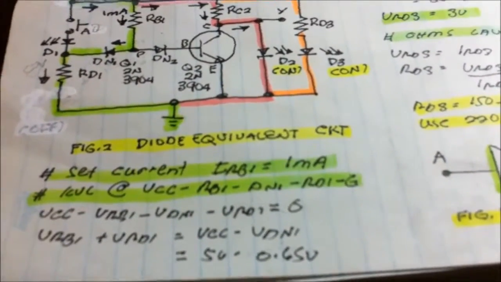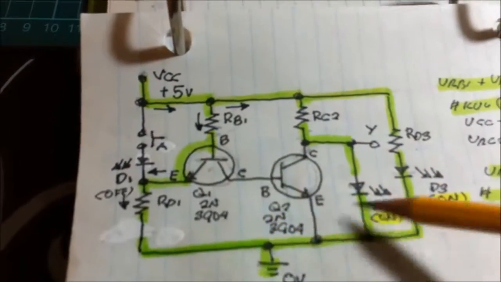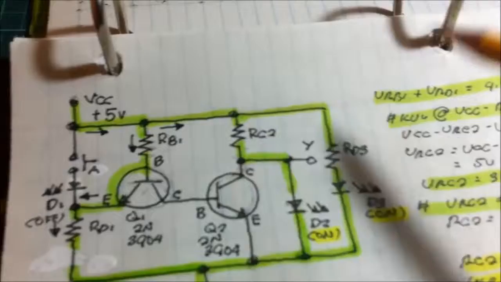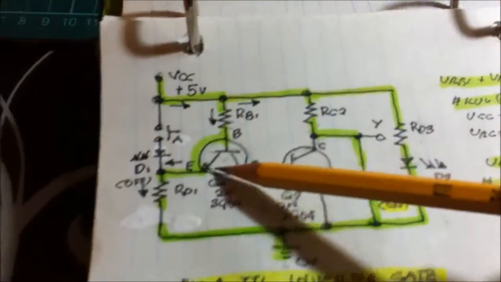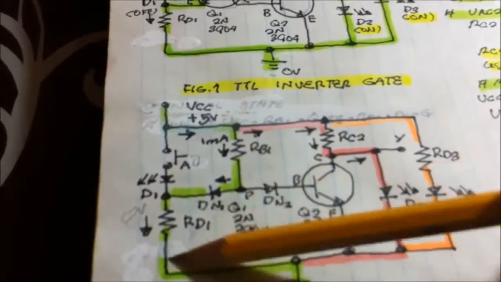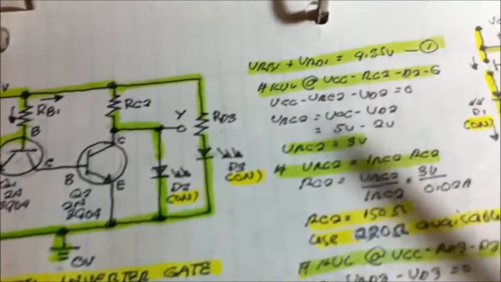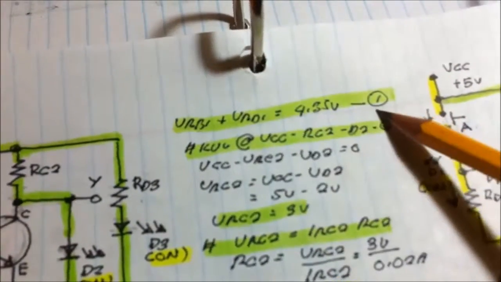This is our first equation. We are trying to solve for the values of all the resistors in the circuit. But since we're taking the first KVL using this diode circuit, we have two unknowns, RB1 and RD1. So we get this first equation.